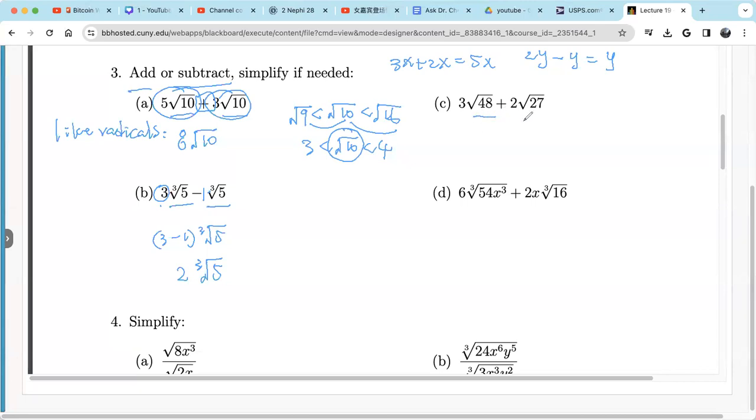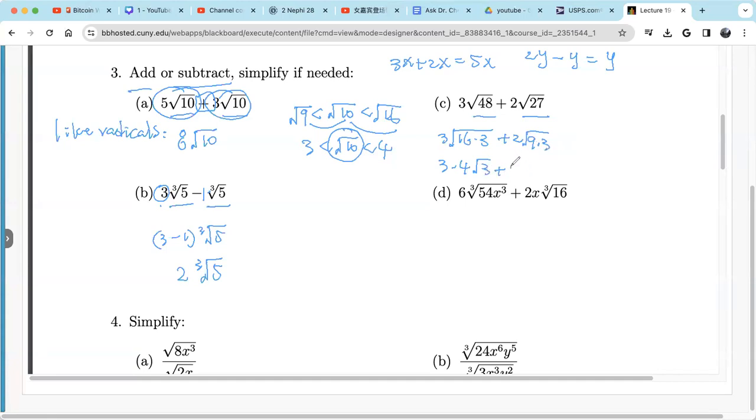All right, now let's see C. In C, we have square root 48 and square root 27. They don't look like radicals, so maybe we can try to simplify. We have 3 times square root of 48, which can be split as 16 times 3, then 2 radical 27, which can be split as 9 times 3. Now we know square root of 16 is 4, so we still have square root 3.